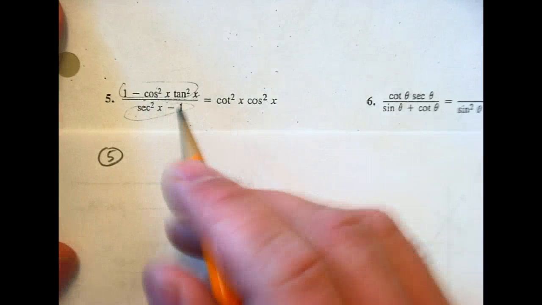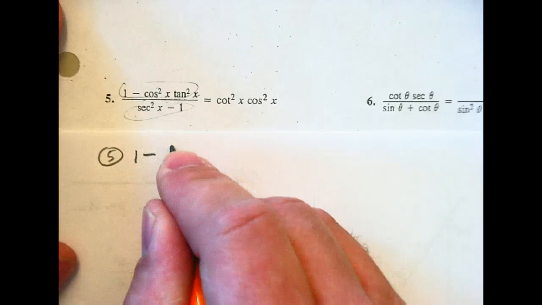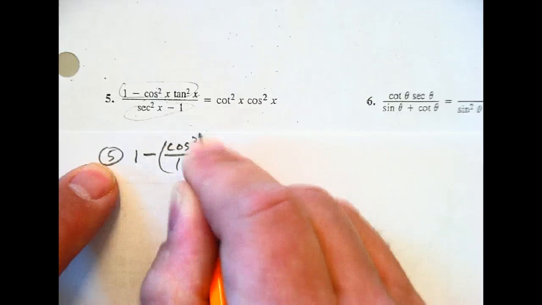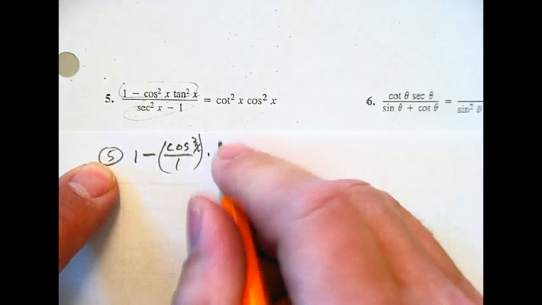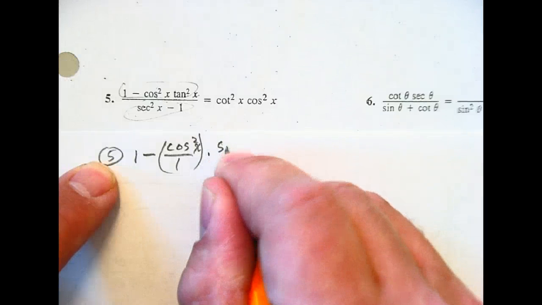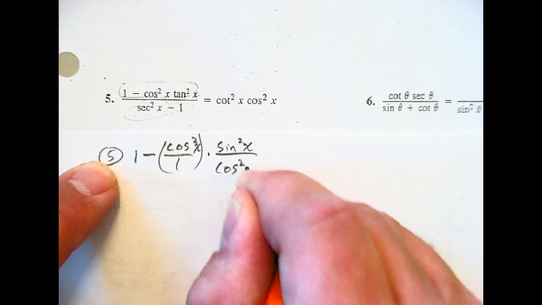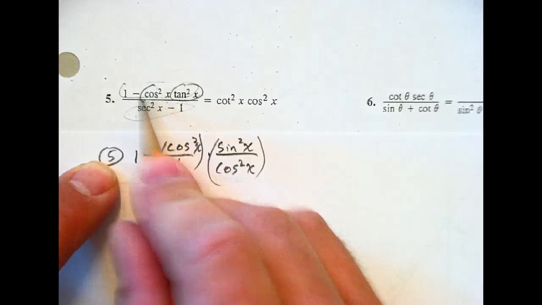Tan squared is sine squared over cos squared. So that's going to help me out. I'm going to get 1 minus cos squared over 1 times sine squared x over cos squared x. That's what tangent became, and cosine became this.